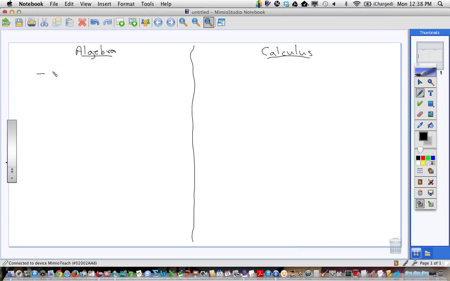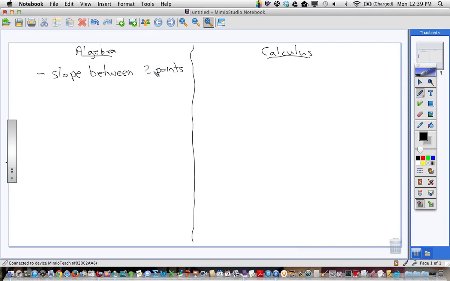So in algebra, we did slope between 2 points. We just did slope between 2 points.